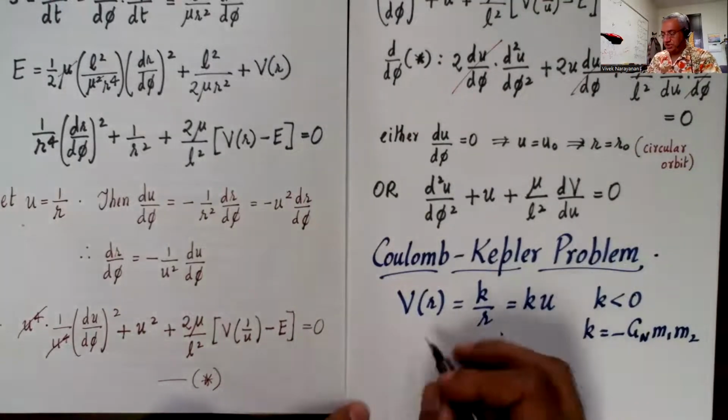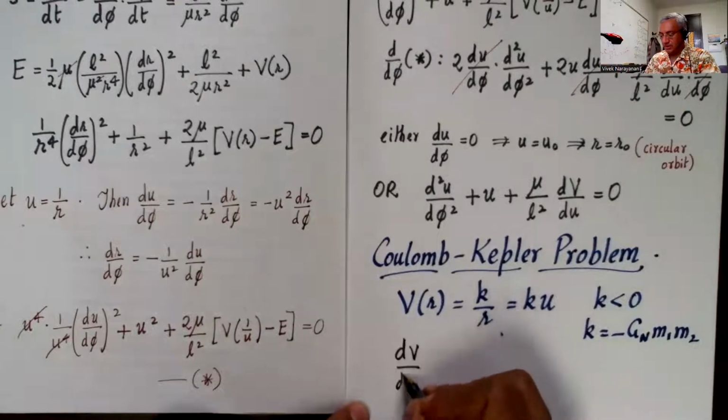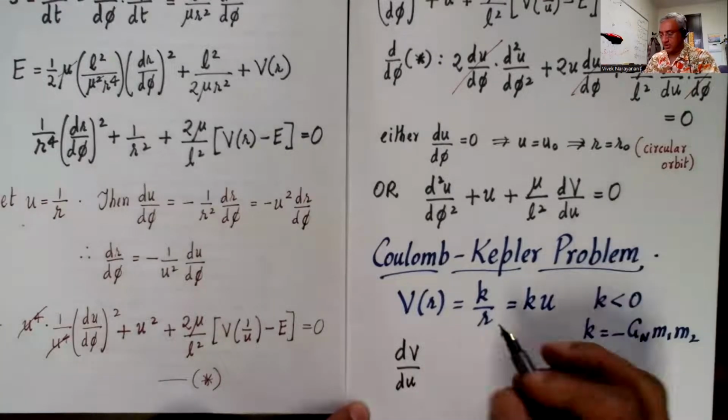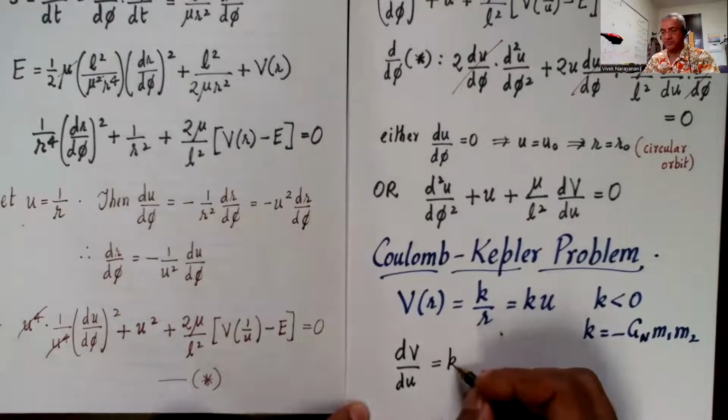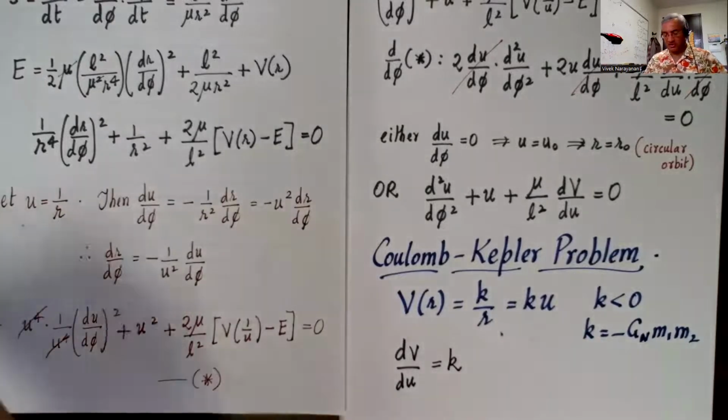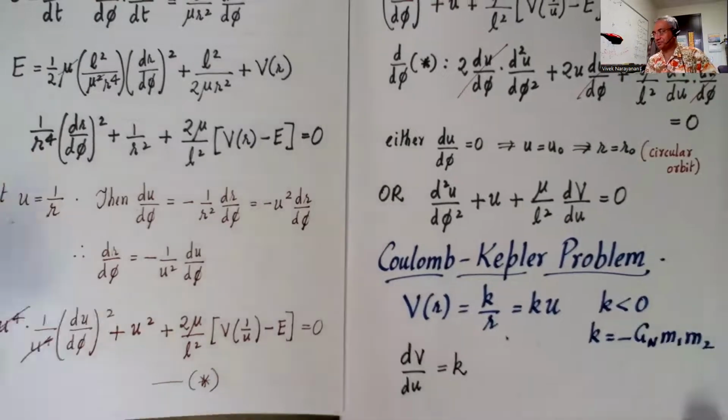So dV by dU, which we need to do this, is simply K. Let us solve this equation.